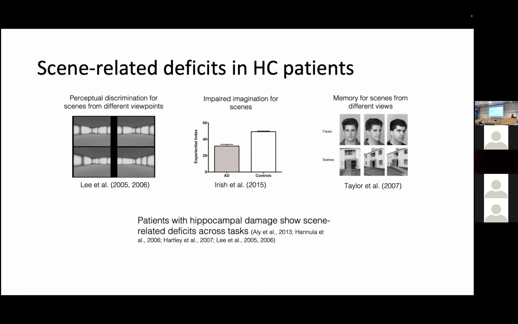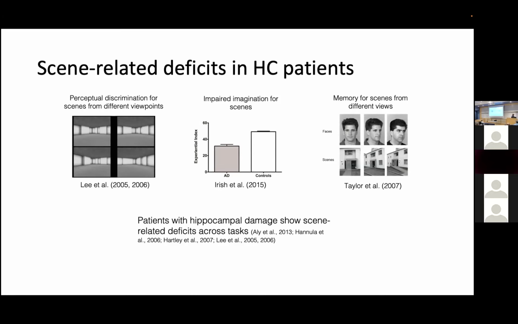There's been work showing that patients with damage to the hippocampus show scene-related deficits across a range of different tasks. Work conducted by Andy and colleagues in the early 2000s, for example, showed that patients with acquired hippocampal damage or with Alzheimer's disease are impaired at discriminating between scenes presented from different viewpoints.